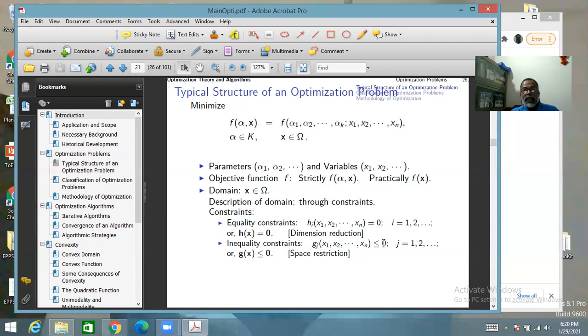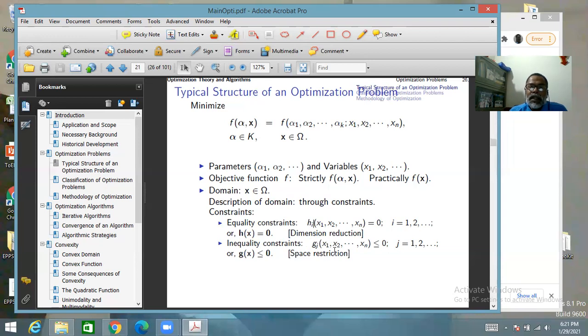You could have said greater than or equal to 0, and some authors and researchers use the greater than or equal to 0 notation, but it is equivalent. As long as you stay consistent, they are equivalent. I have found that using less than or equal to 0 for inequality constraints gives certain conveniences in analysis, and the majority of the textbooks follow that.